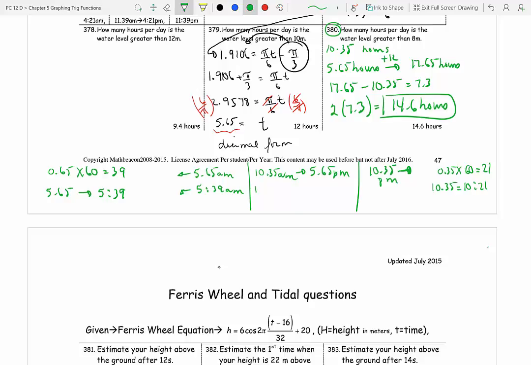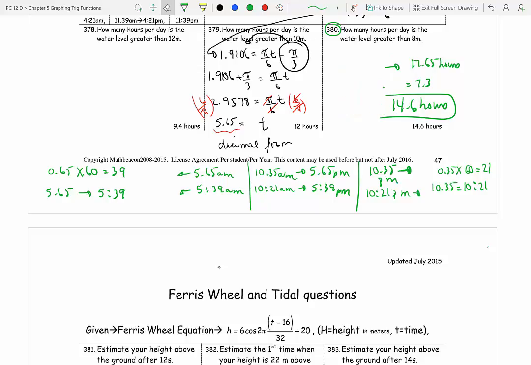Okay, and so then our tide goes from 10:21 a.m. to 5:39 p.m. and then from 10:21 p.m. and later.